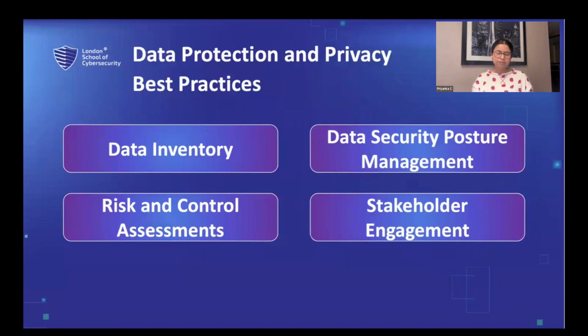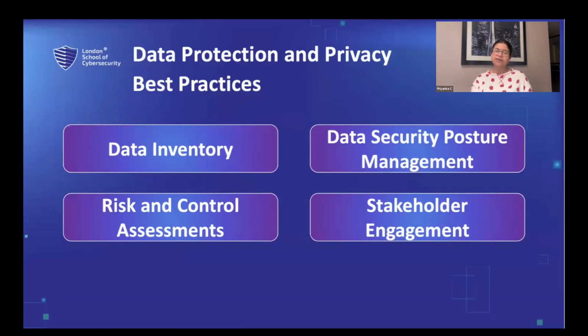Now, what are some of the best practices that I recommend? The first is, to make sure we are applying the controls, we need to know where our data is. We have classified, we have given ownership. But if we don't know where we are storing what kind of data, if we don't know where we are storing our customer data or our financial data, it's going to be very, very difficult to put any kind of control on that, right?